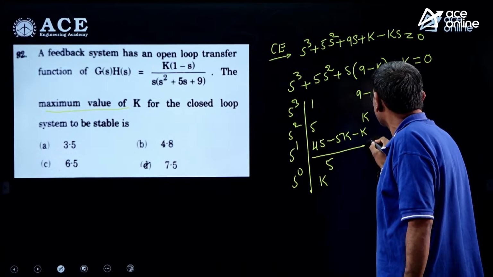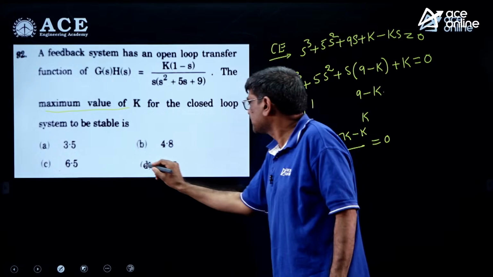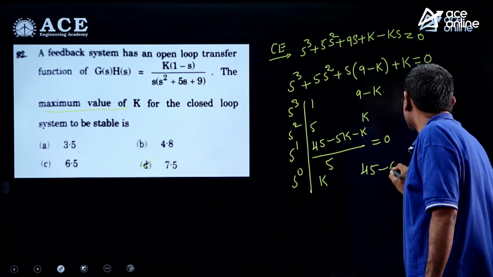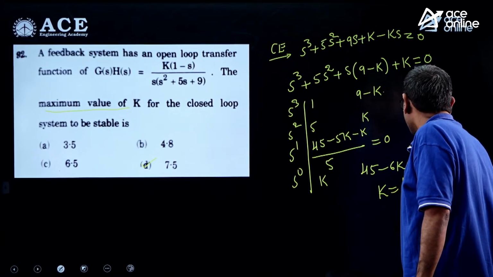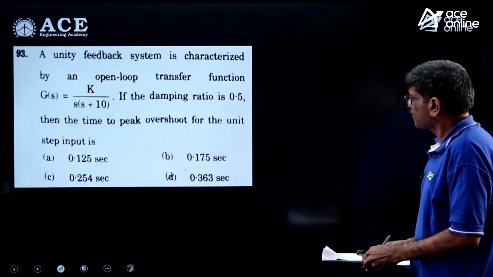Then you solve it, this should be made equal to 0. You will get the answer around 7.5. So 45 minus 6k equal to 0, k equal to 45 by 6. You will get it. Next one.